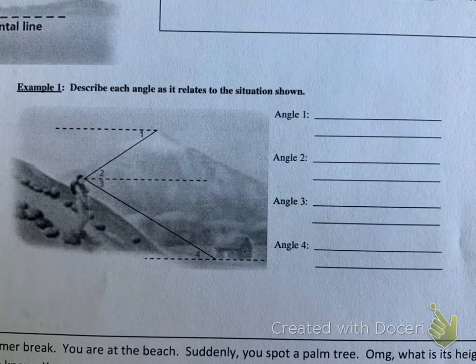In this first example, we're just going to identify the four angles in this picture as either an angle of elevation or an angle of depression. The way we do that is we look at the horizontal line and see if the angle is above, that would be elevation, or below, that would be depression. Angle 1 is below the horizontal line, so that would be an angle of depression.